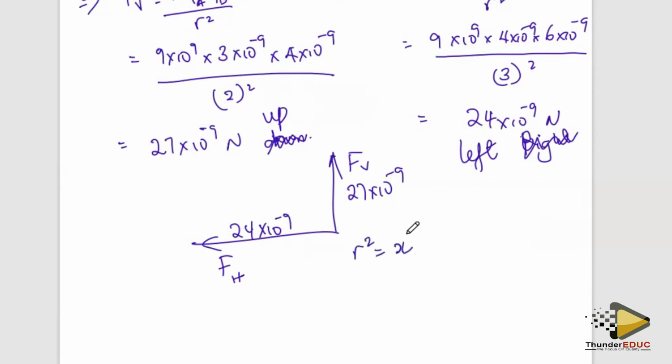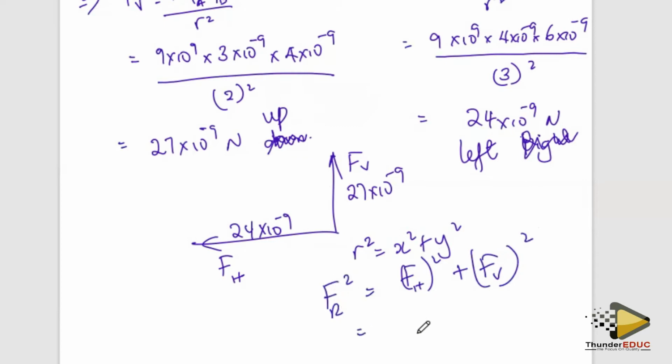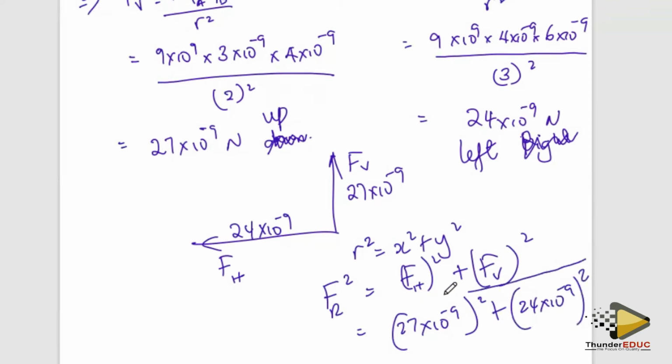R squared is equal to x squared plus y squared. F horizontal squared plus F vertical squared is equal to our F resultant squared. So 27 times 10 to the negative 9 squared plus 24 times 10 to the negative 9 squared. So I'm going to find the square root so that I have my F resultant.